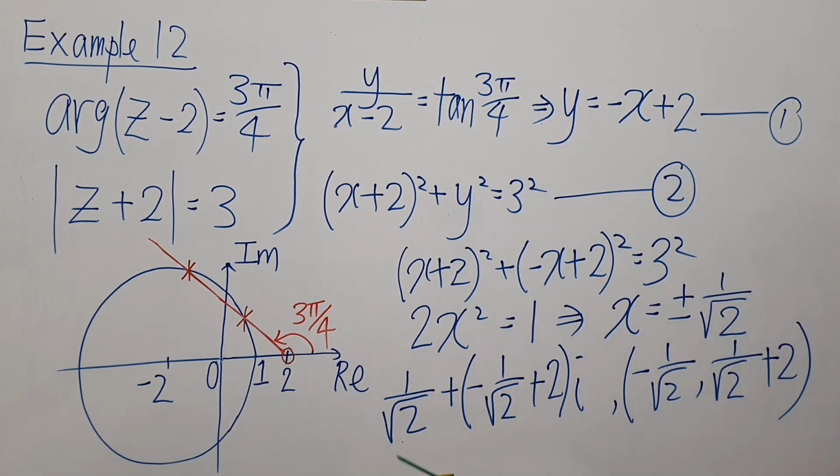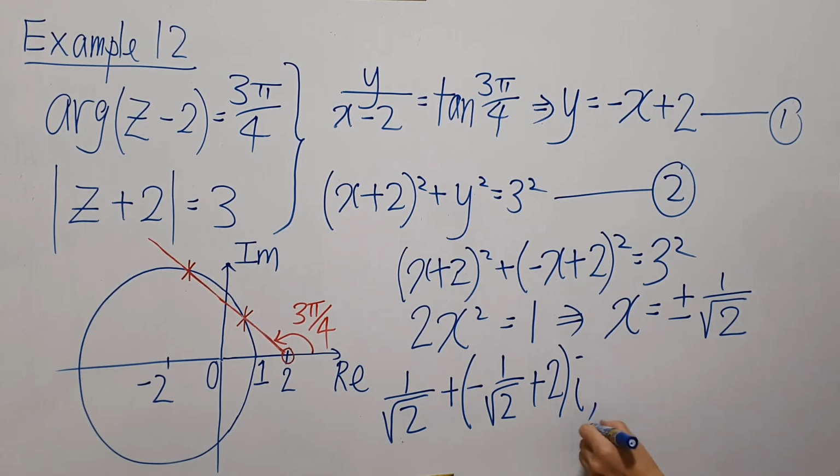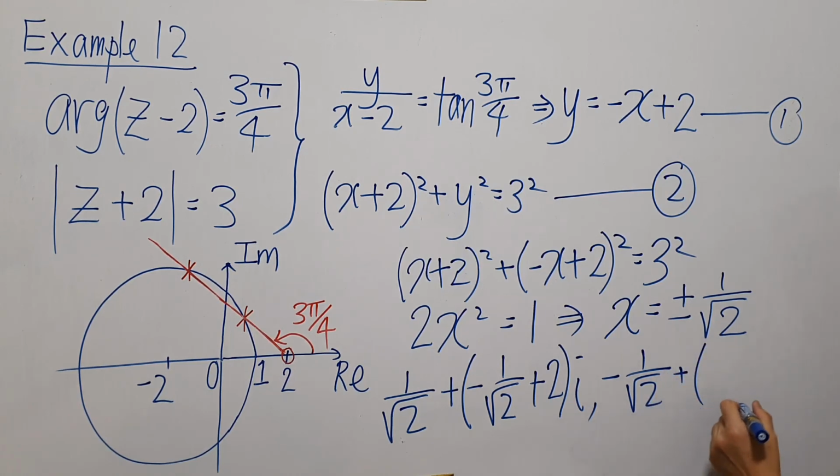So this one is for this complex number. And for the other one, likewise, you can put this down as minus 1 over square root 2 plus (1 over square root 2 plus 2)i.